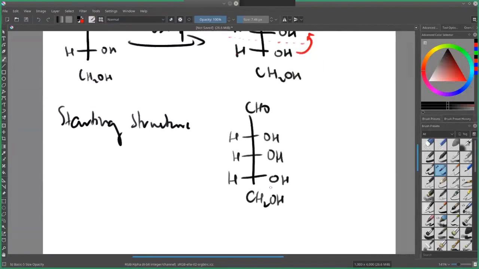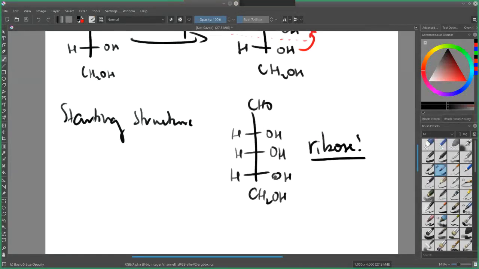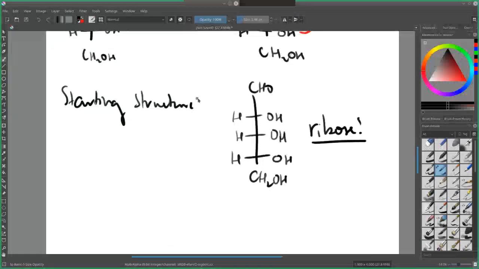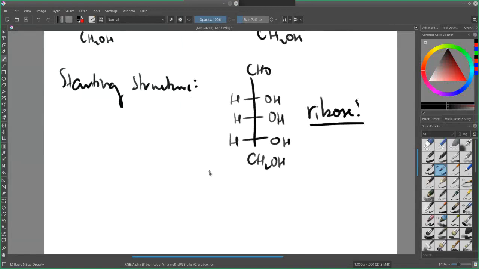There we go. Okay. So that's our final structure. I think the worksheet has a whole bunch of structures, and you can name this. Let's see. Oh, I guess it's ribose. That's kind of neat. Okay, cool. Great. It's ribose. That's exciting. So yeah, there we go. That is what we started with.